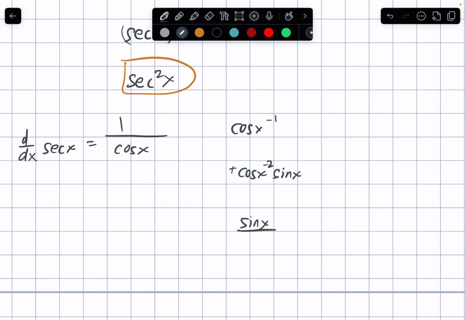Sine x over cosine x times 1 over cosine x is tan x secant x.